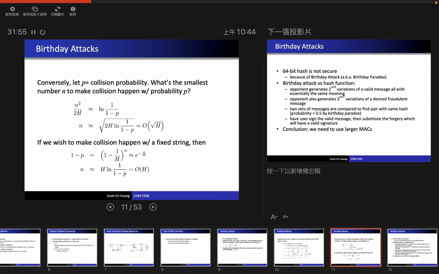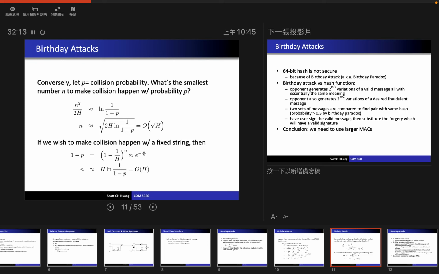So where does the square root come from? Actually, the square root comes from n squared. Here we don't have that square. That is the reason we have the square root of h.